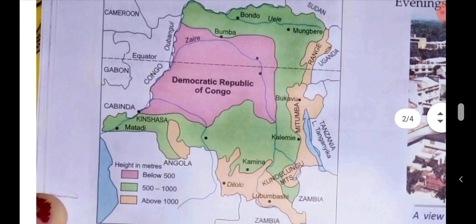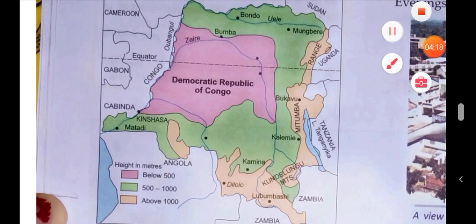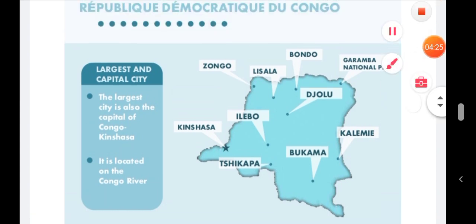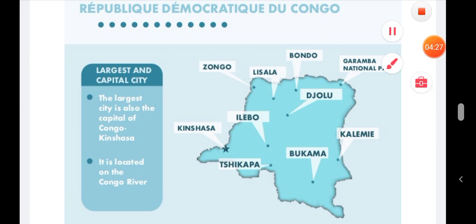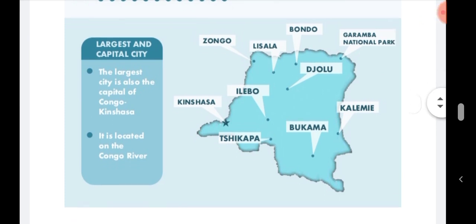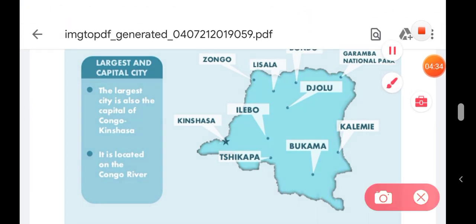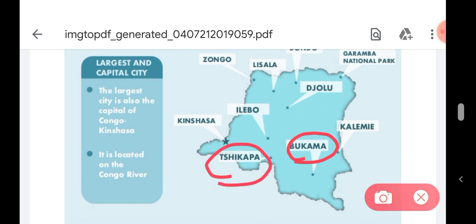The Albert, Kiwi, Edward and Tanganyika are the major lakes in this country. You can also see that there are lots of cities here in Congo, like Bondo, Bukama, Tshikapa, Ilebo, Zongo.